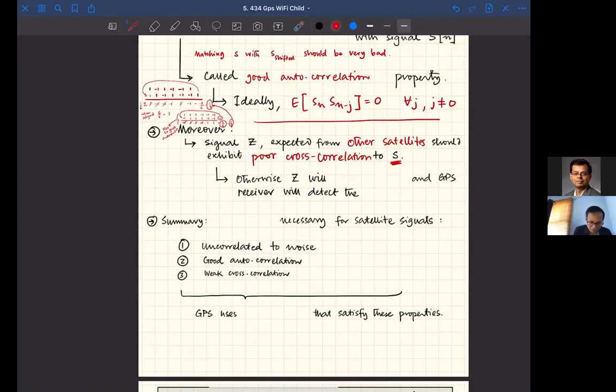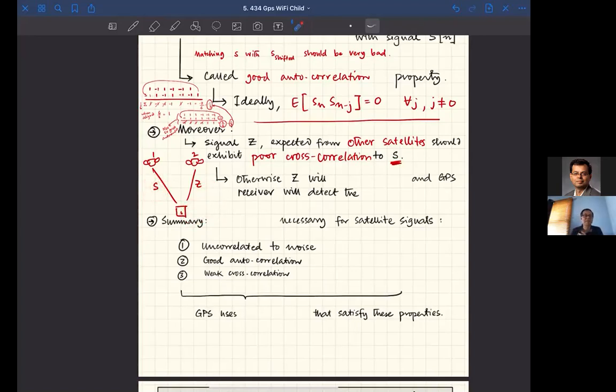Right? So in other words, if this is satellite 1 and this is satellite 2, and satellite 1 is sending S and satellite 2 is sending Z, if I match satellite 2's signal with Z, this Z should not match with S. That means the correlation between Z and S should be very small. The correlation between Z and Z will be high, but the correlation between Z and a shifted version of Z should be very low.